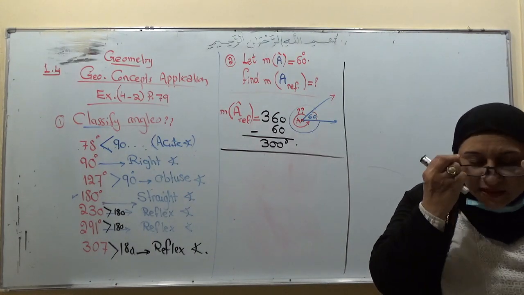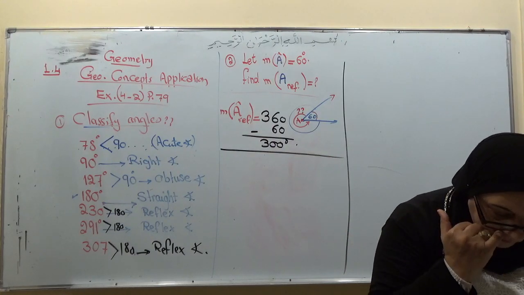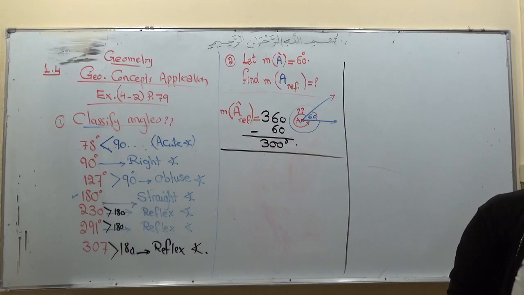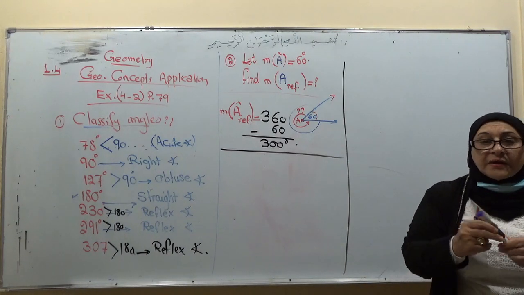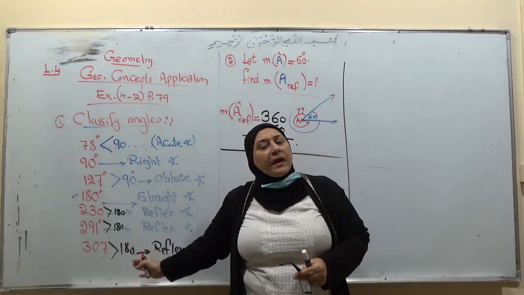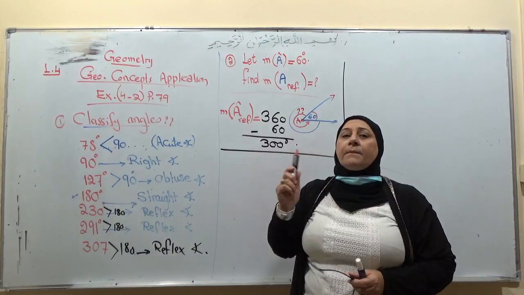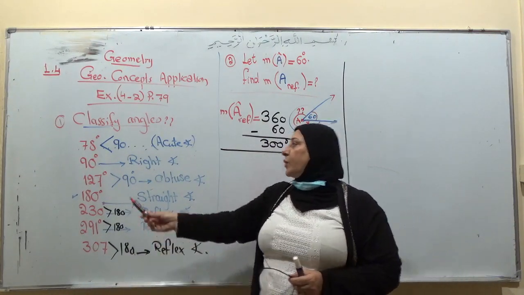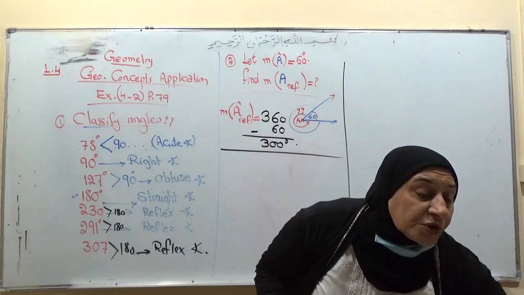Okay, this is an application for the previous problem. Today we shall talk about something which is very important. It's a relation. Now we know all the types of the angles, but there are some relations between an angle and another one. So I'll bring two angles.